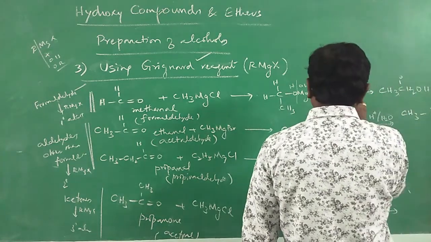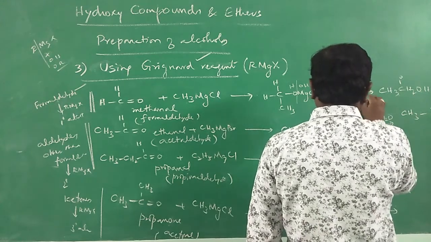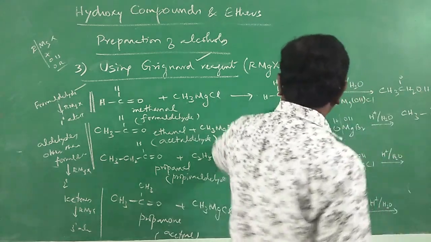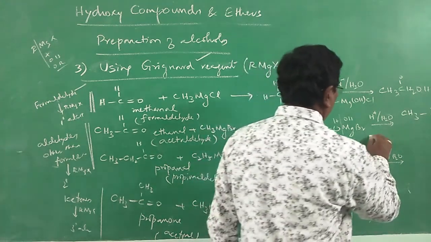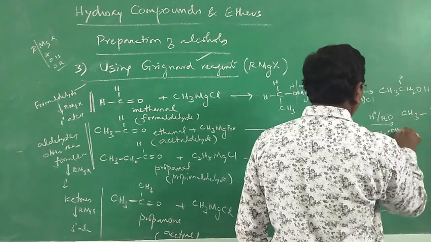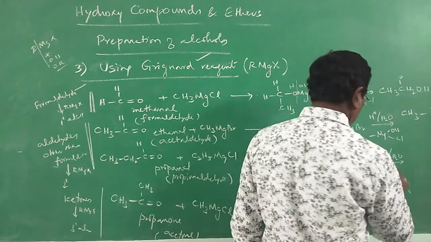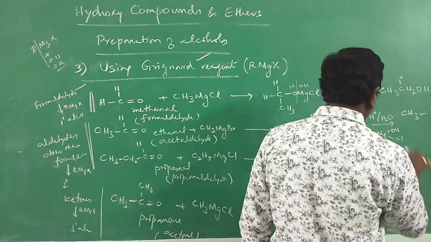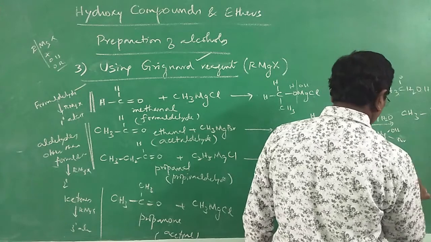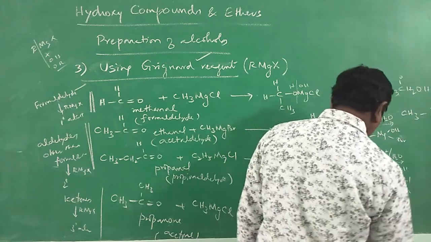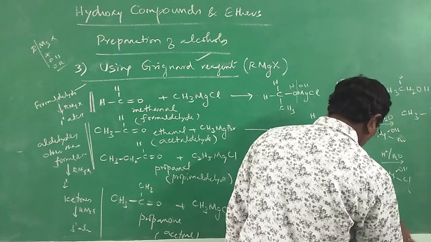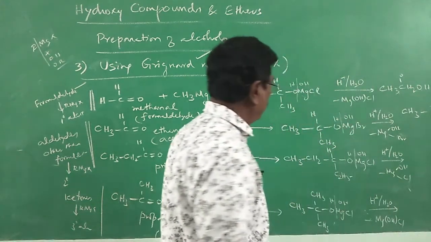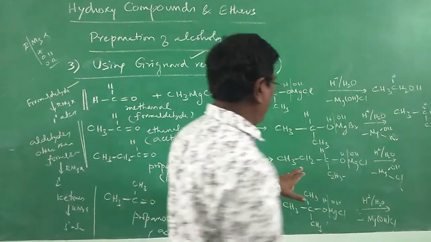Removal of magnesium hydroxychloride: magnesium with chlorine on one side and OH on the other side, magnesium hydroxychloride. Okay. What is the product here?